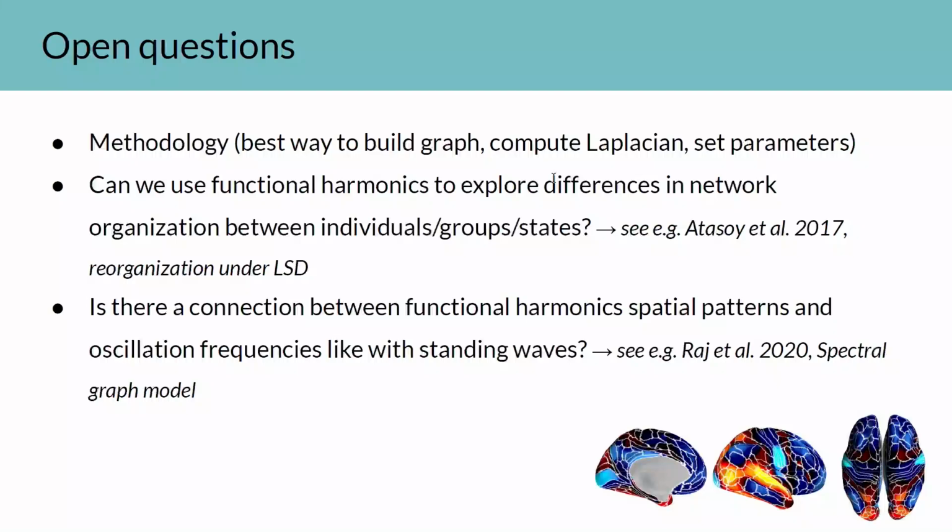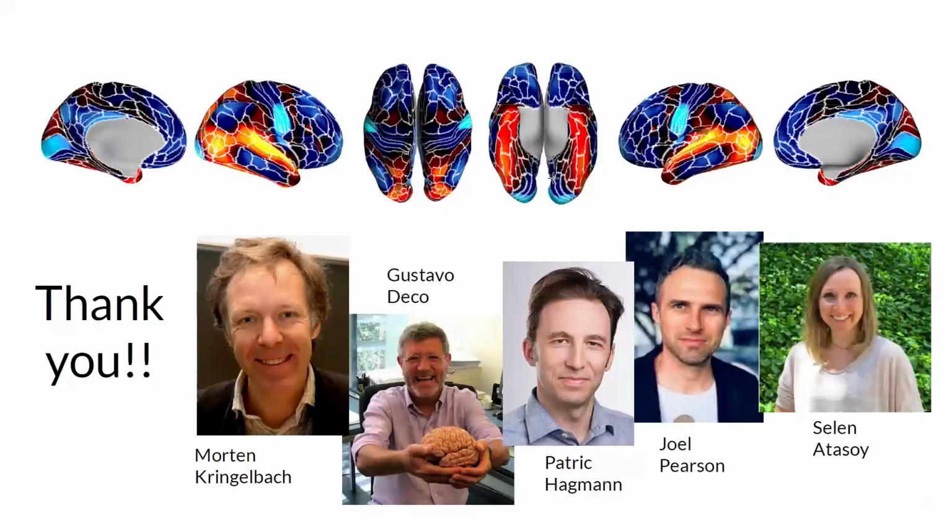Because they look nice, but what can we do with them? And what I'm personally very interested in is whether there is a connection between the functional harmonic spatial patterns and oscillation frequencies, like we would have with standing waves. And with that, I just want to thank once again all the co-authors on this paper, and thank you for listening.